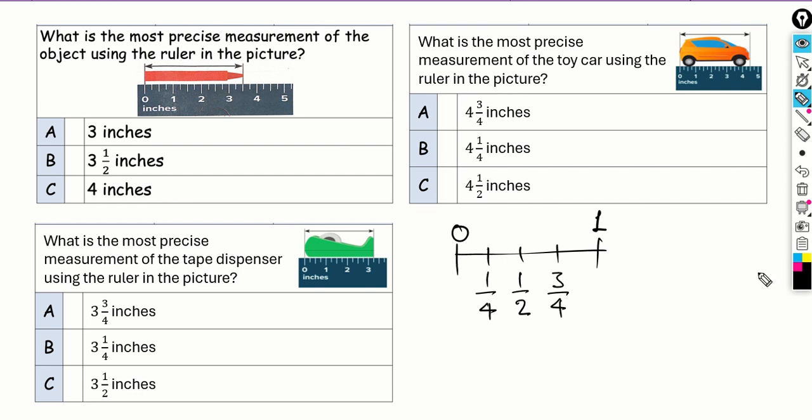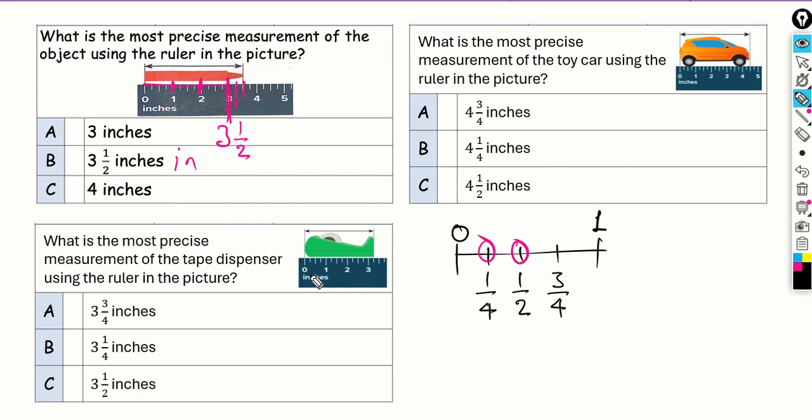So let's start counting. First question: this is 1 inch, 2 inch, 3 inch. Now how many parts? After that 1 over 4, second 1 over 2. So up to here 3, and this is 3 and 1 over 2 inches.